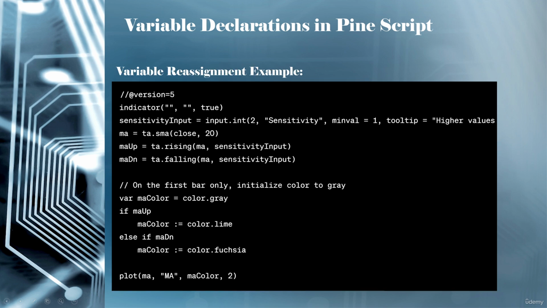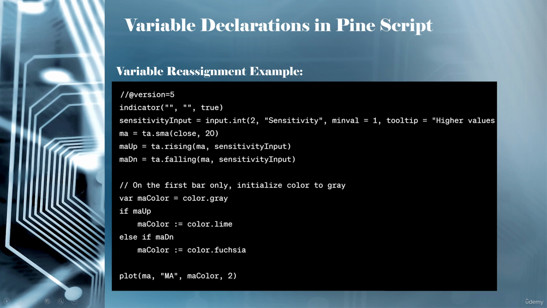Next, let's review the variable reassignment. Variable reassignment is done using the reassignment operator. Reassignment operator consists of colon and equal signs. It is performed after a variable is declared and given an initial value.